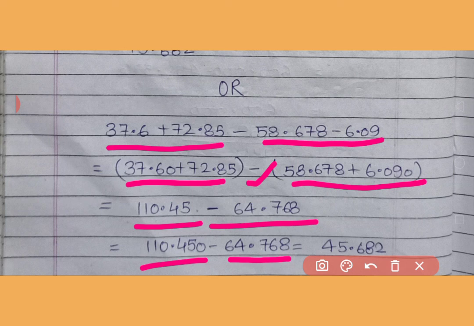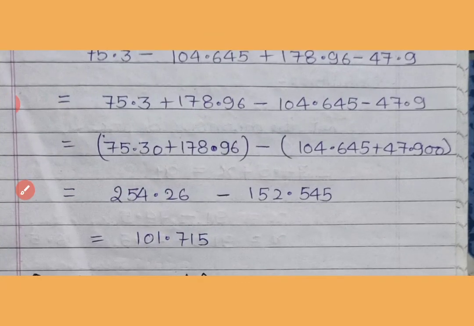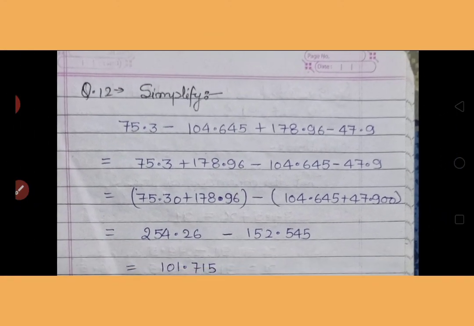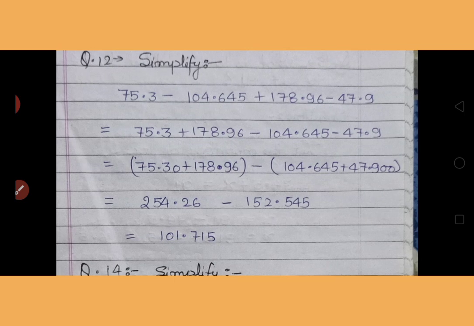After the subtraction we are getting the answer 45.682. By any method you solve, you will get the same answer. You have to try both methods. Next question, I am going to solve this question for more clarification of your concept.